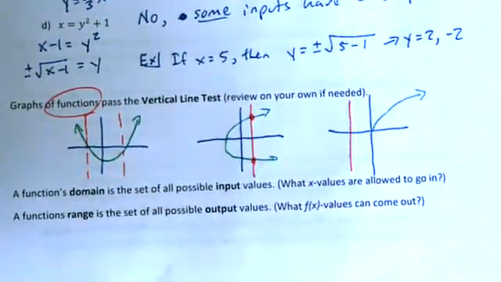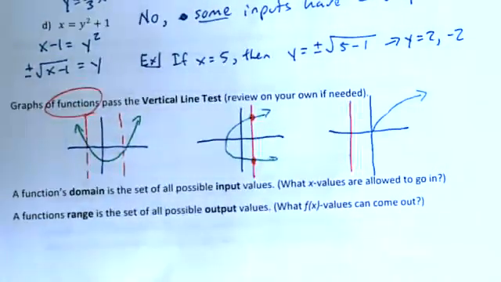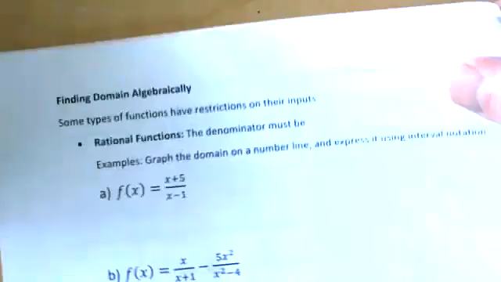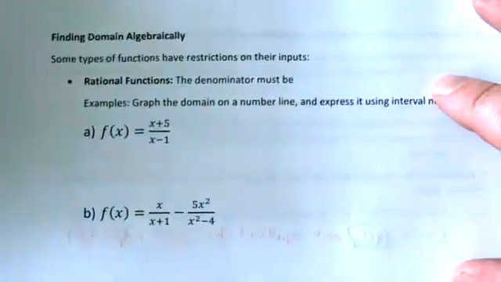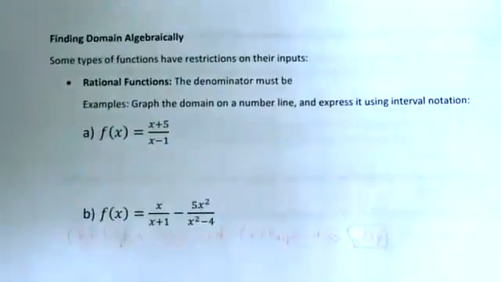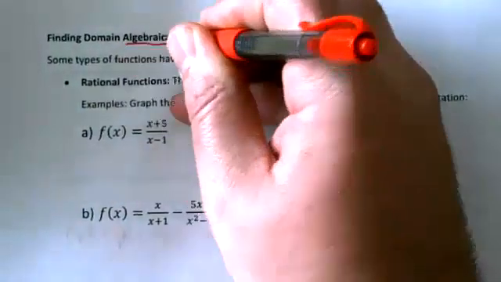Our main goal for today is, if I give you a function, can you find the domain of that function algebraically? Folks, when I say algebraically, that means I want to see some work. So you're going to see some problems in your assignment that are going to ask you to find the domain algebraically.